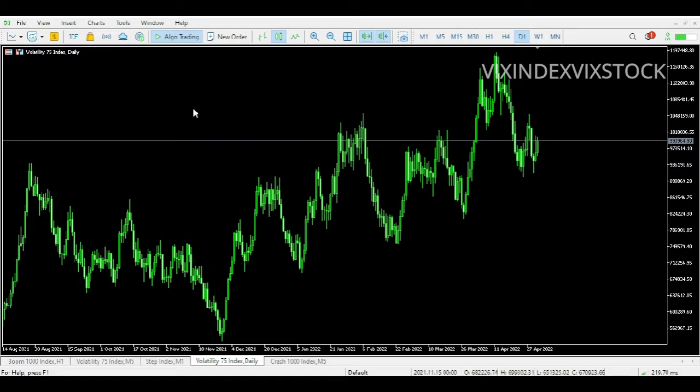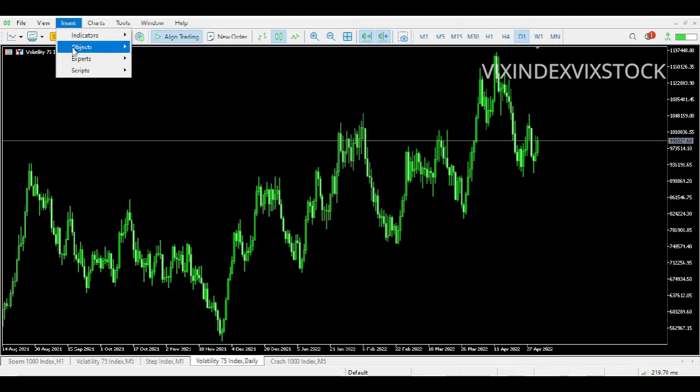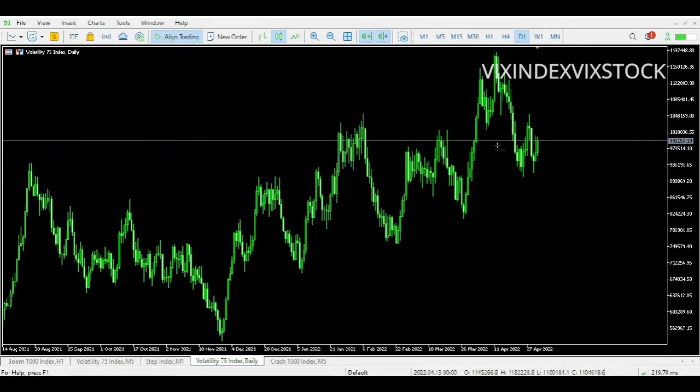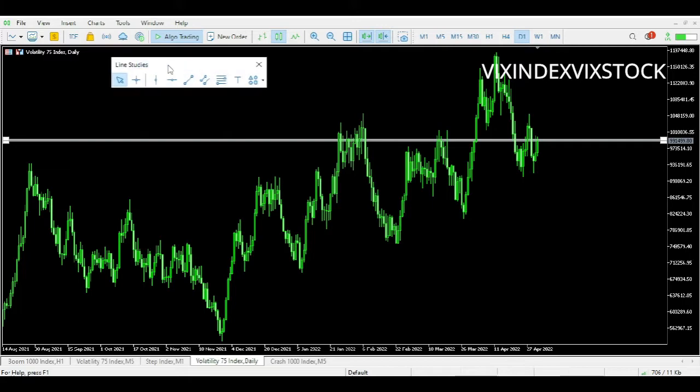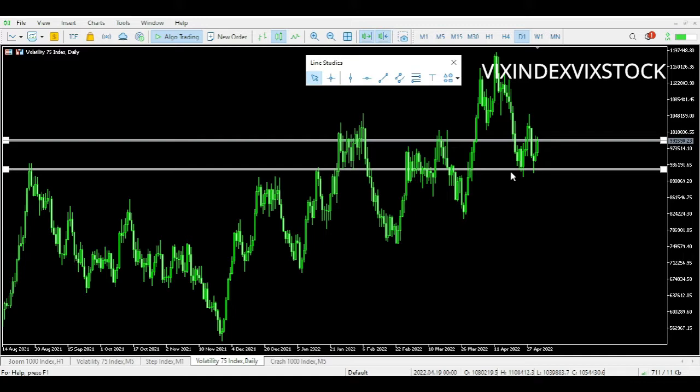Okay. What I usually start by is plotting my levels. That's my first level there. Let me see, where's the toolbar here? So what I usually try to do is plot my obvious levels.